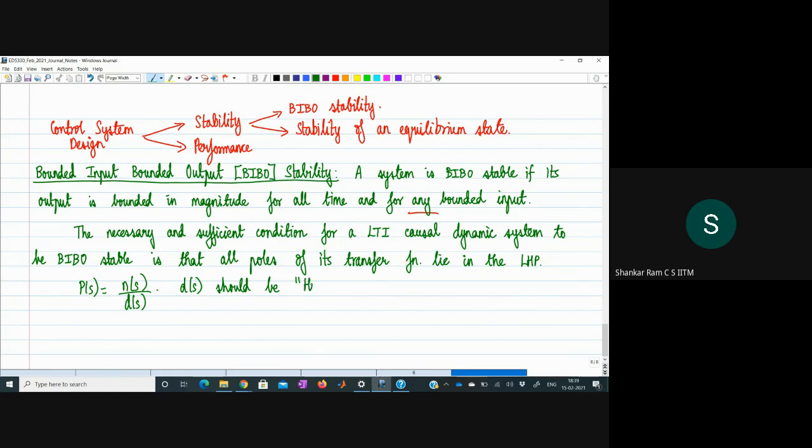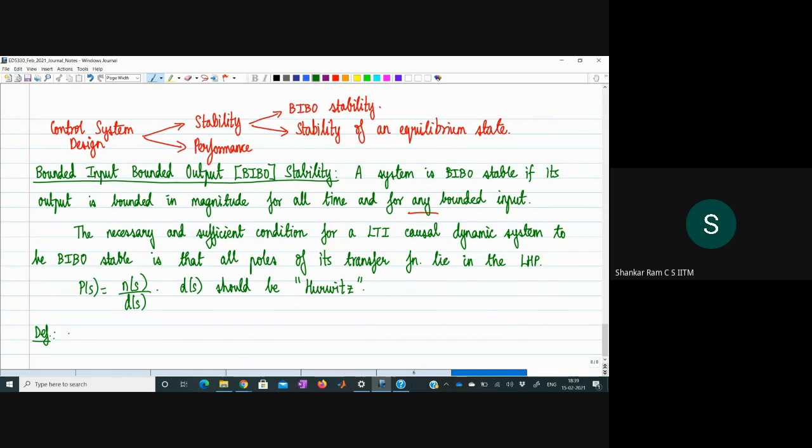So what does this term Hurwitz mean in the context of a polynomial? It just means that the roots of the particular polynomial in question should lie in the left of the complex plane. So let me write down the definition.